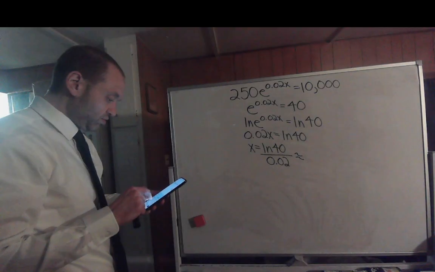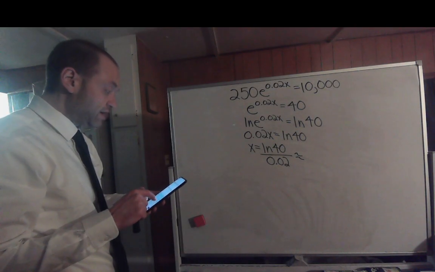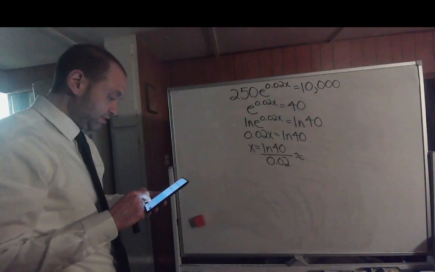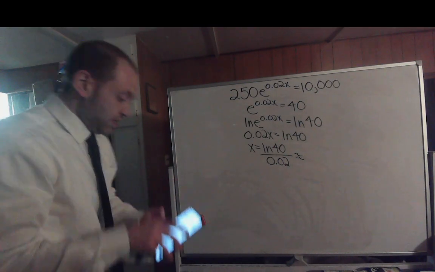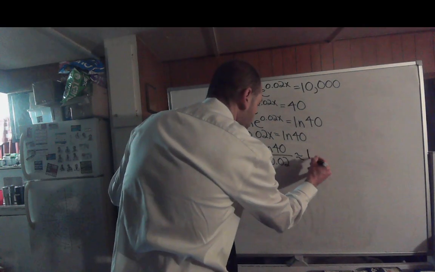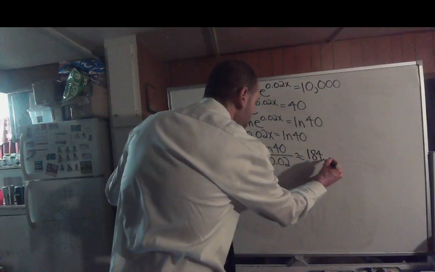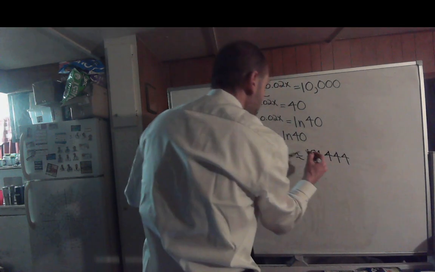All right, so natural log of 40, divide all that by 0.02, you get 184.444 for your approximate solution.